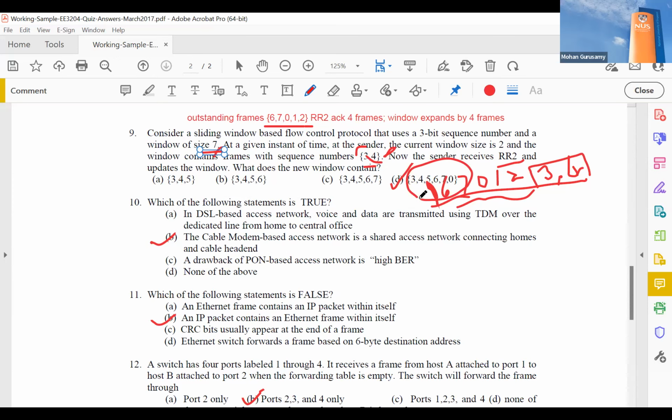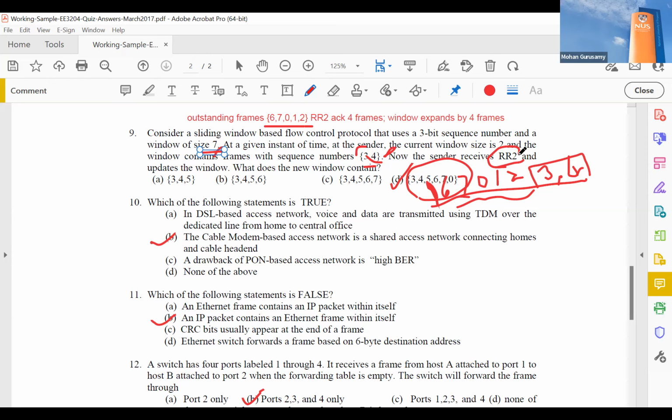Any doubt? Students, is that clear? Why expand by 4, not 5? Let me explain it again. The sender receives RR2. RR2 means, as per the definition, the receiver is ready to receive the frame with sequence number 2.